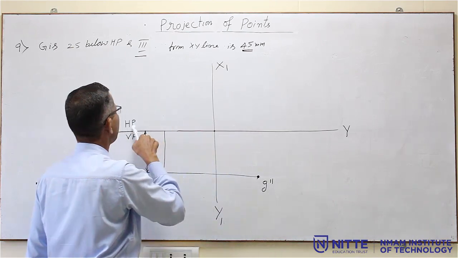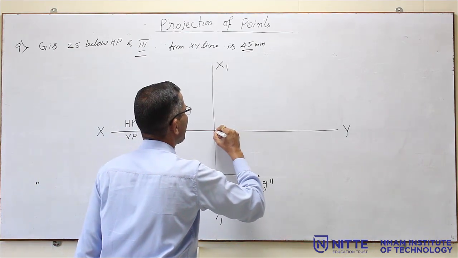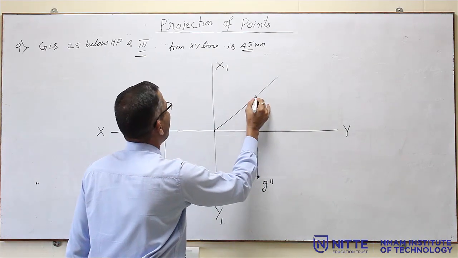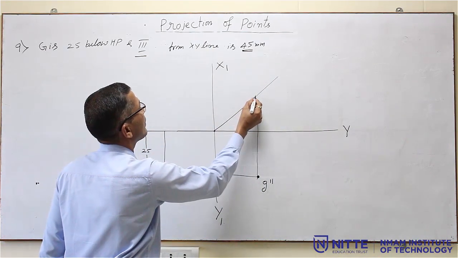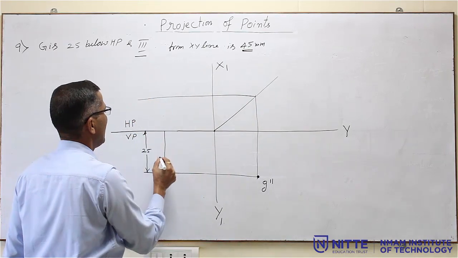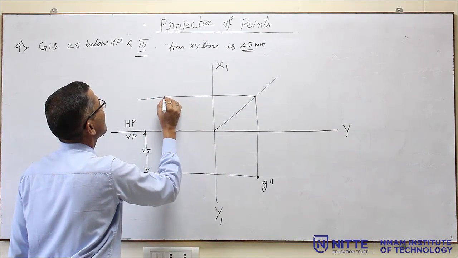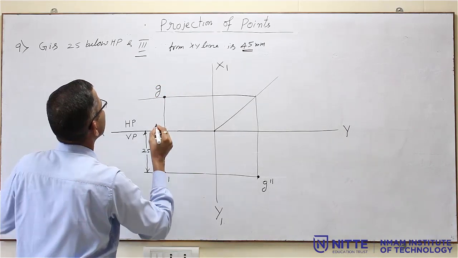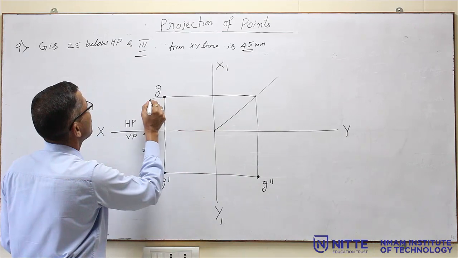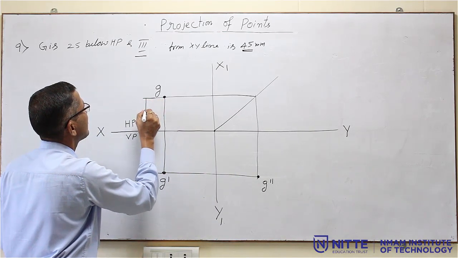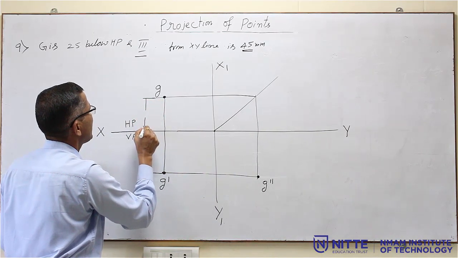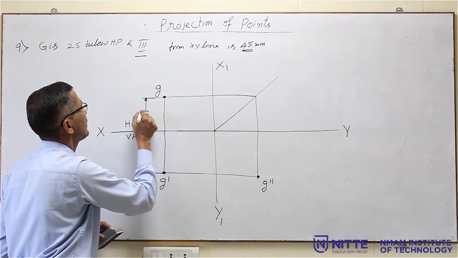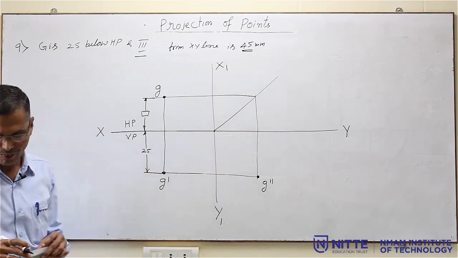For that, adjacent to HP, you draw a 45 degree line, then project it to the 45 degree line and move towards the front view and extend this. So, this intersection point is the G, and you measure this distance and mention it here, the answer for the question.